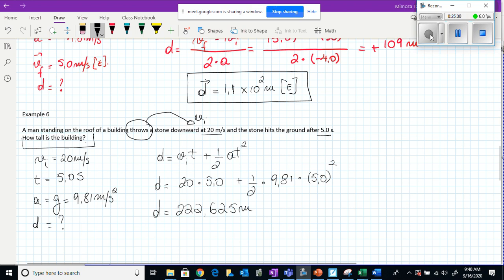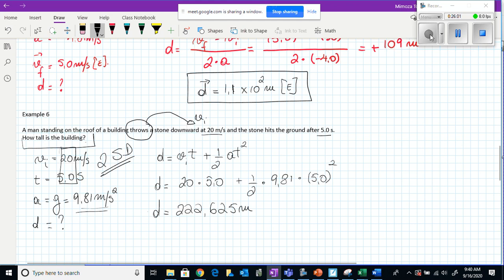Okay, so now we have to convert this into a number that has only 2 significant digits. Why 2? Because this is what is given. 9.81 meters per second squared is a constant that is widely accepted. This is what it is. But what the problem gives us is 2 significant digits, so this is how we have to record it.